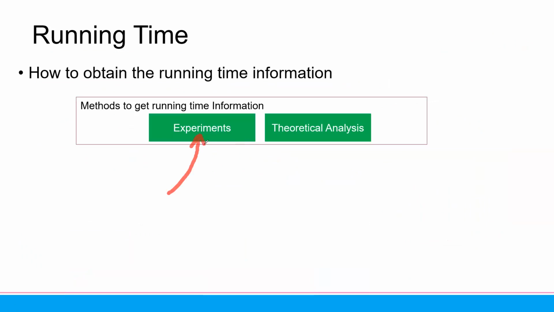You can make your code, and after you make your code, you can run it in Python or in Jupyter Lab, and you can check how long it takes to finish the algorithm. However, we can also use another analysis. We call it theoretical analysis.